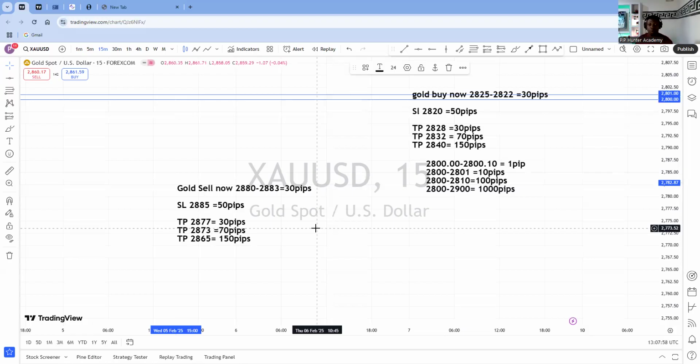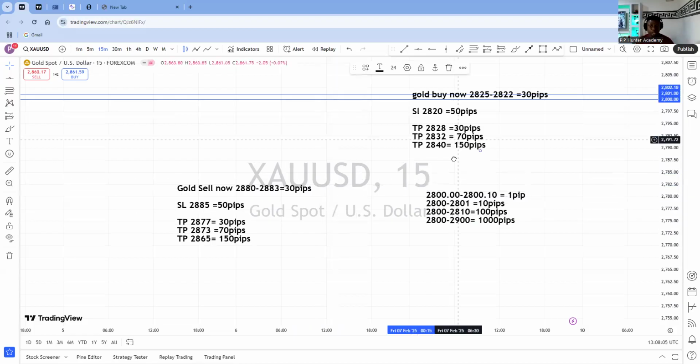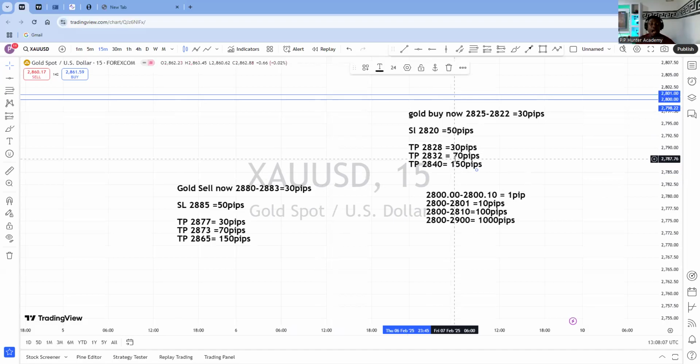And if you have this idea in mind, then the next thing is, how much am I willing to lose per trade? Let's say you are having $100 capital, of which you want to lose $20. Then, based on this sell now, buy now, if you want to lose $20, it means you have to use 0.04 lot size.